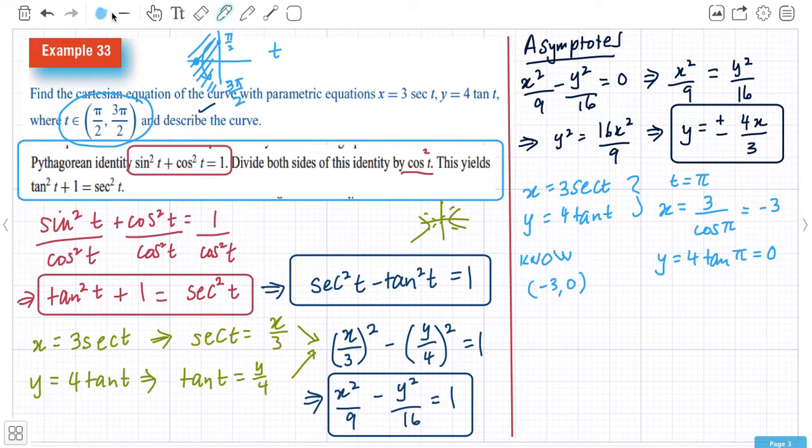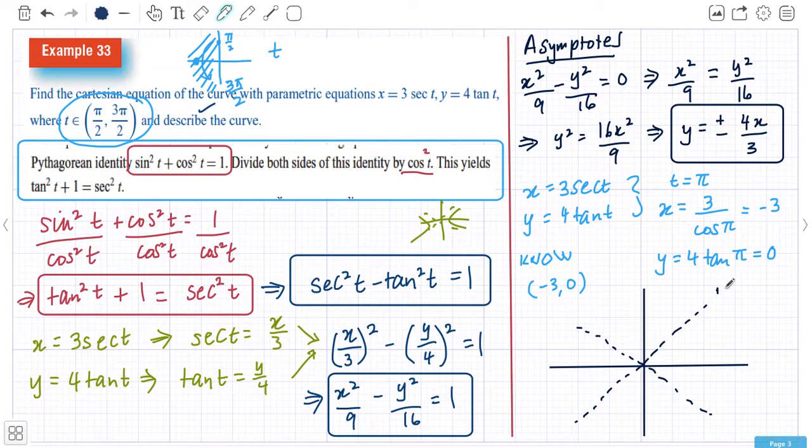So now we can sketch all of this together. We've got our Cartesian form here in the box. I'm just going to put it together nice and quick. We've got our hyperbola and our asymptotes. The asymptotes go through the origin because they're just quite boring linears, y equals 4x on 3 and y equals negative 4x on 3.